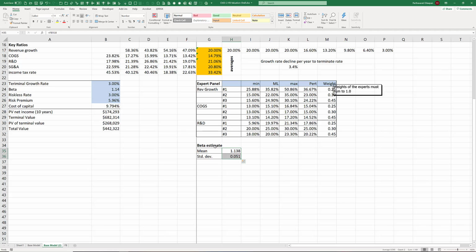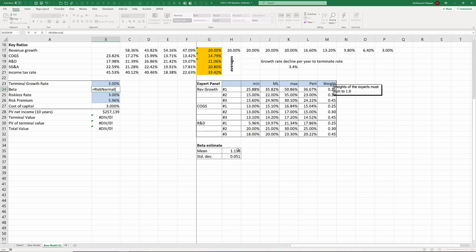Now we'll use risk normal. So that's why instead of 1.14 we want to generate from this distribution. So let's erase that and use risk normal.